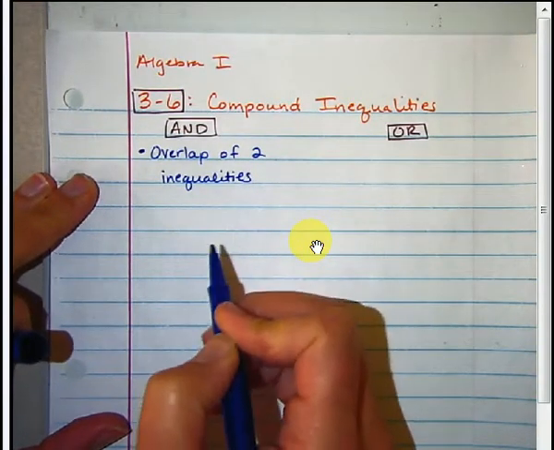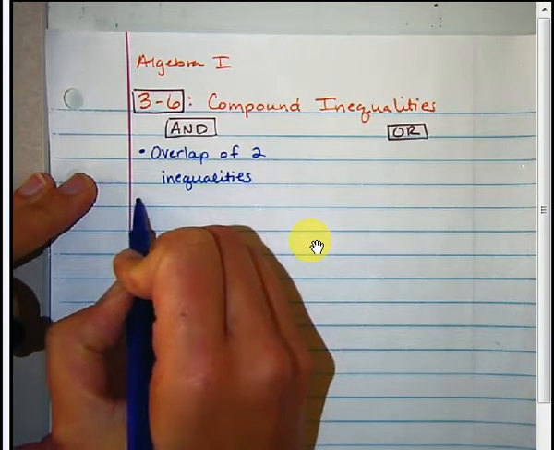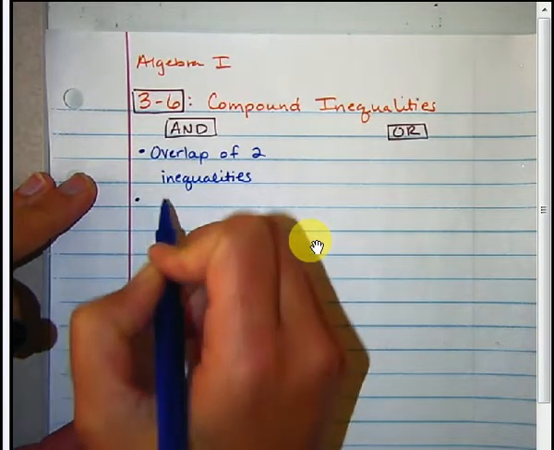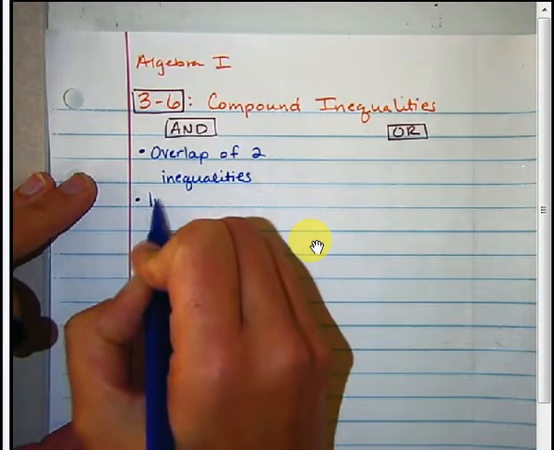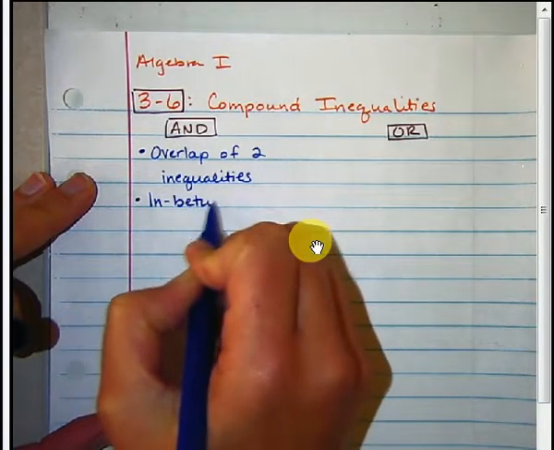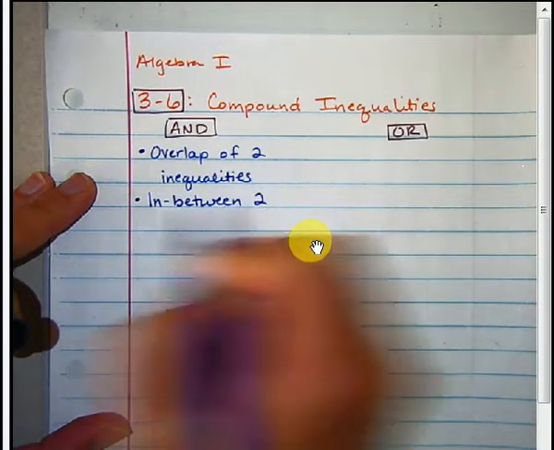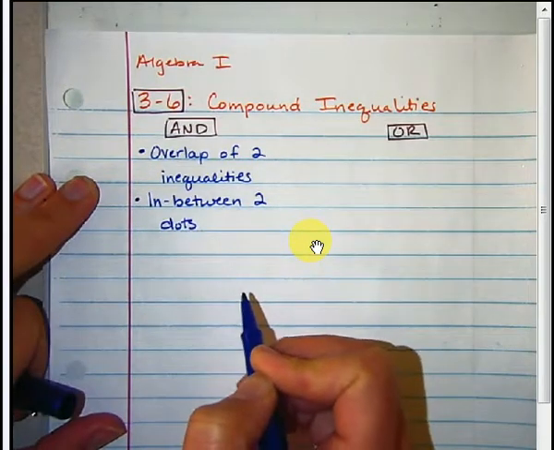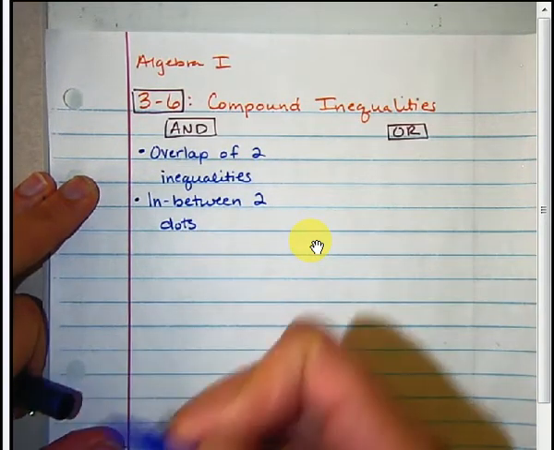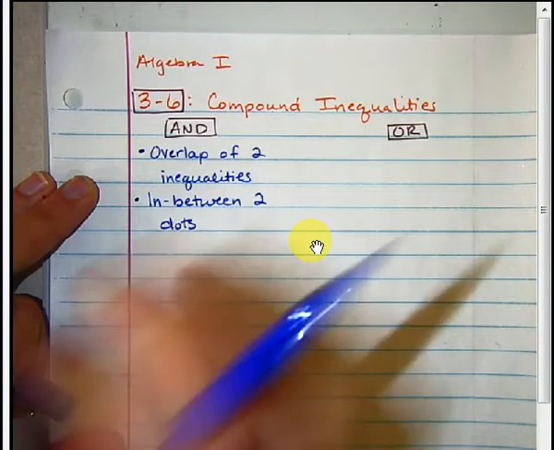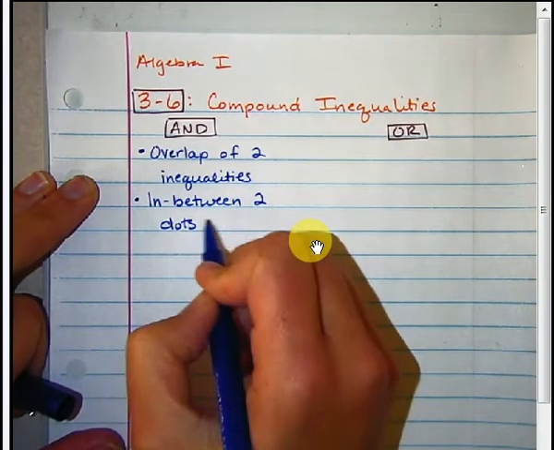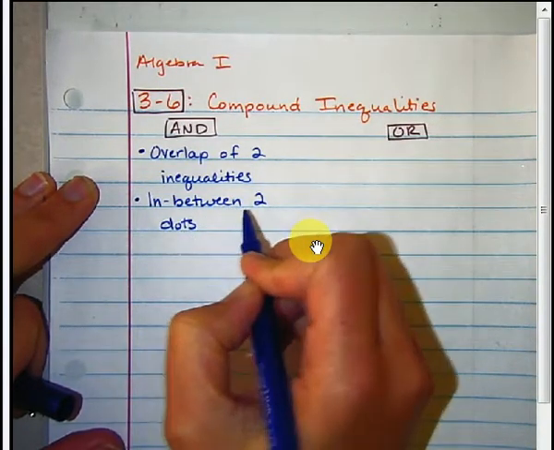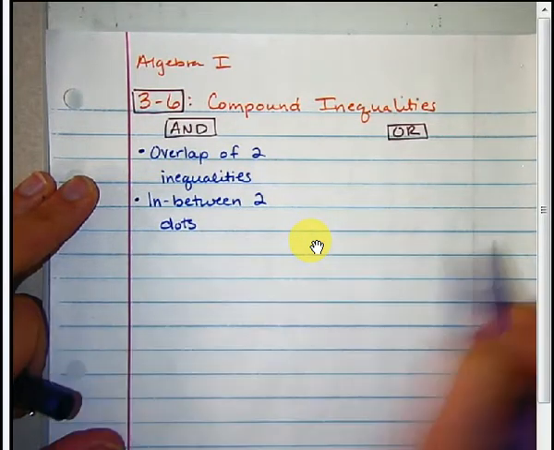That means that it's going to be a section of the graph that's in between two dots. So it's the space in between, and it's a defined section of the graph. All right, so we're going to look to shade in between two different dots, not arrows.